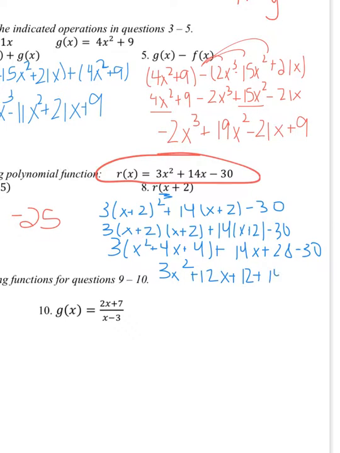And then you still have that ending, plus 14x plus 28 minus 30. And my final answer, 3x squared plus 26x, and then 12 and 28 minus 30 gives me plus 10 on the end. So that is r of x plus 2. Again, an algebraic output.